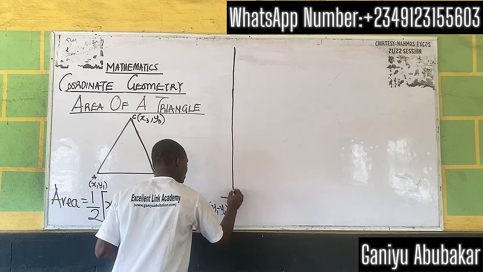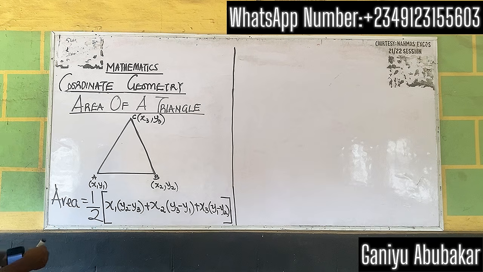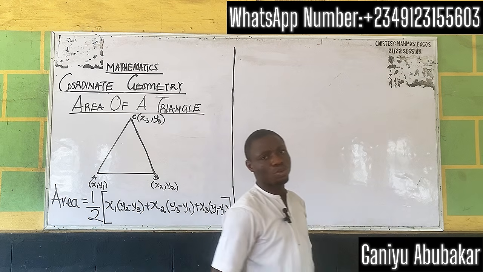This is the formula for calculating the area of a triangle under coordinate geometry.